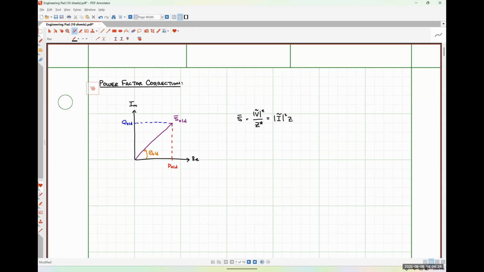So what I want us to do is look at what individual elements do to our complex power if we're looking at a system.